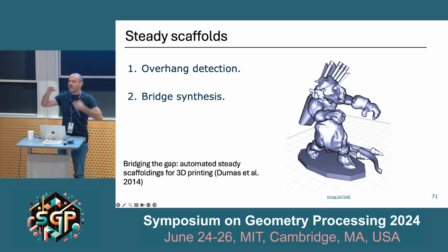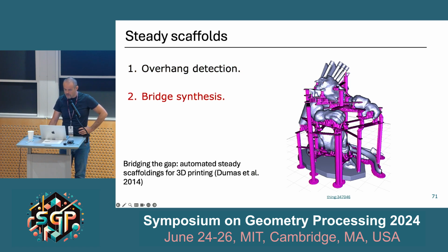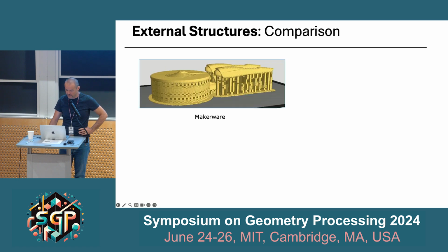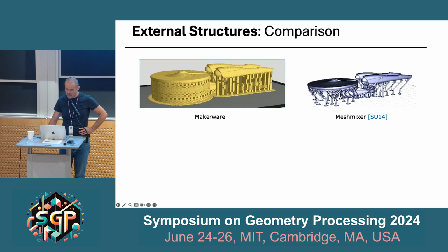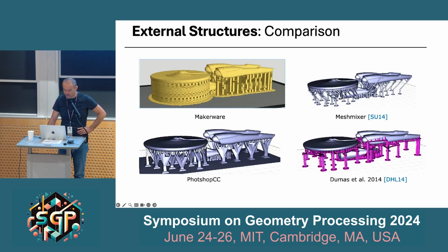Even if they do not have a perfect geometry, they may bend a little bit, but they are sufficient to keep other material upon them to create actual supports. And this is the approach of this work that creates these very sparse supporting structures, which are scaffold-like structures like this.